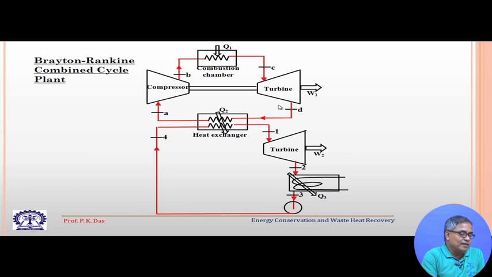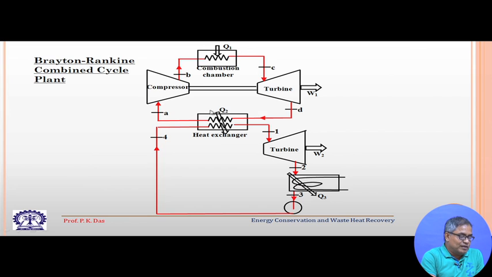The topping cycle is the gas turbine cycle. Already we have discussed the gas turbine cycle. Here the gas turbine cycle will reject heat, the ideal cycle rejects heat in a heat exchanger, and in the same heat exchanger that heat will be picked up by water, which will be converted into steam and go to the turbine.